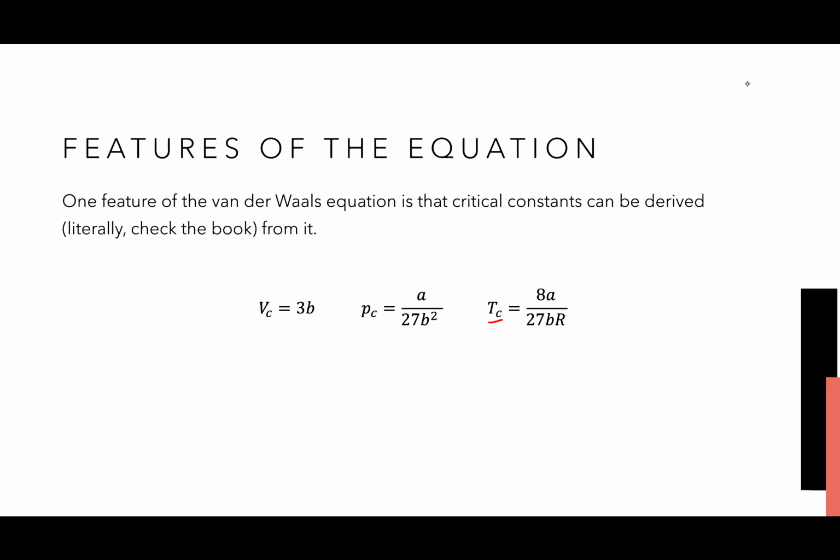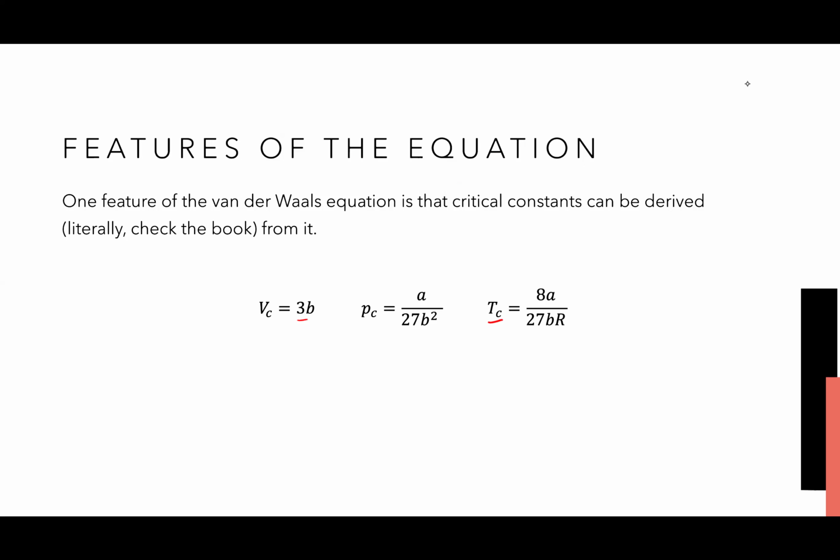Our critical pressure is going to be A over 27B squared, and our critical volume is going to be just 3B. So we can either measure the critical constants and get the van der Waals coefficients from them, or if we have the van der Waals coefficients, we can use those to find the critical constants.